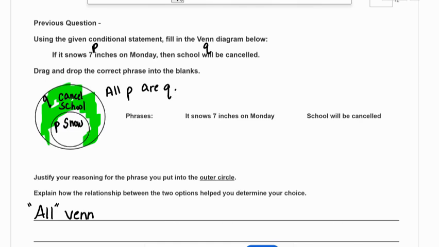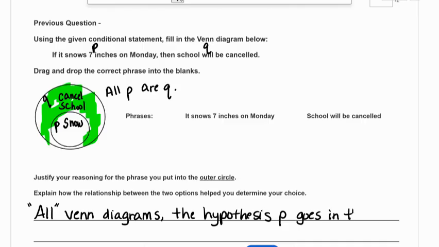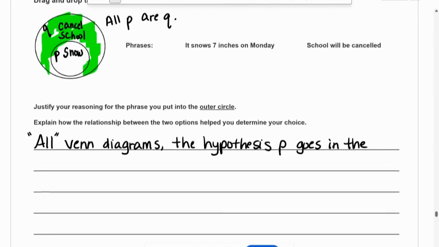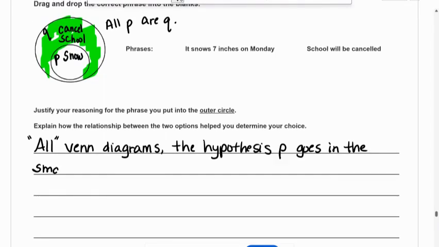So for the Venn diagrams that show the relationship all, the hypothesis P goes in the small circle, and the conclusion Q goes in the larger circle.